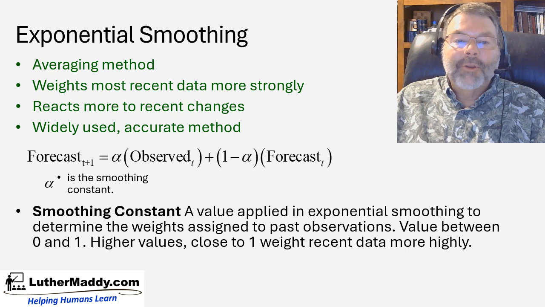In other words, for period 1, if we're forecasting period 2, the forecast for period 2 is the exponential smoothing factor times the actual for period 1 plus 1 minus the smoothing factor times the forecast for that period. All right, it seems a little bit confusing, but it's actually fairly simple, and I'll show you in the next slide how we actually compute forecasts based on exponential smoothing.